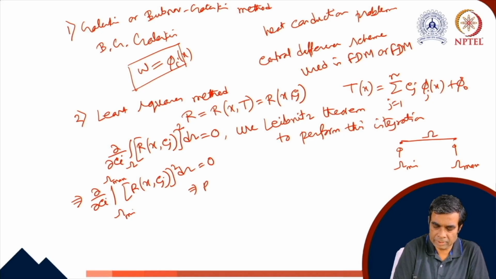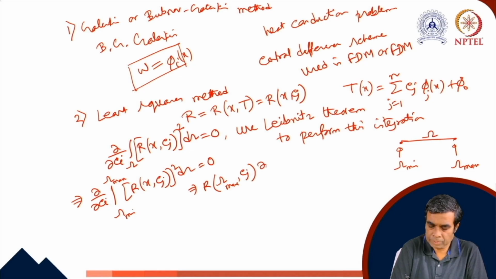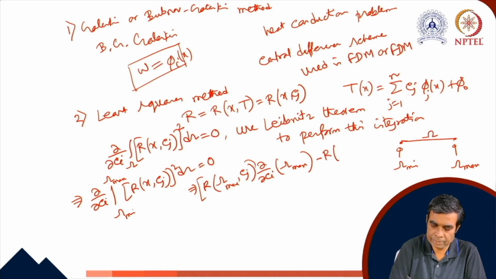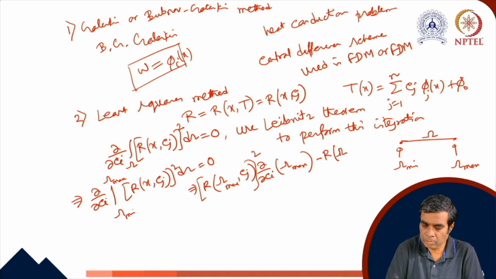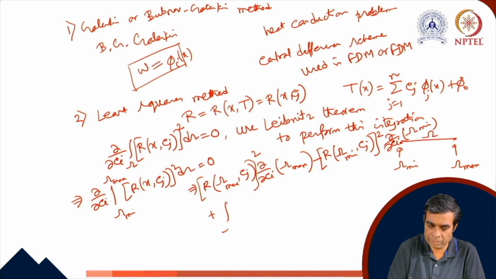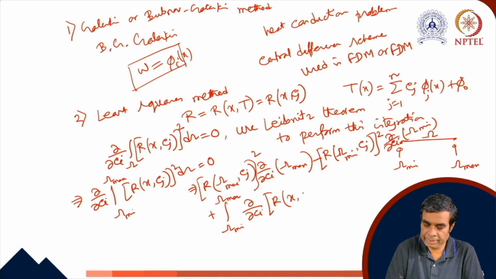This can be written as r of omega max comma cj whole square into del del ci of omega max, minus r of omega min comma cj whole square into del del ci of omega min, plus integration from omega min to omega max del del ci of r of x comma cj whole square d omega equals 0.